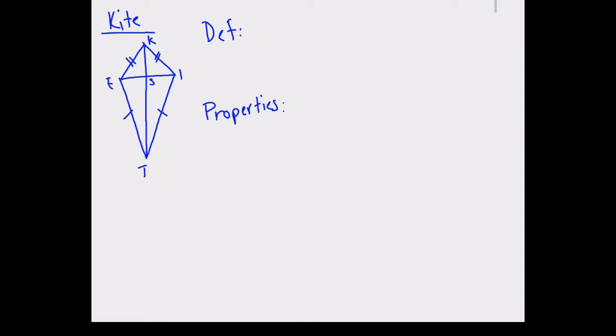If a quadrilateral has... wait, hold on. If a quadrilateral is a kite, comma, then it has two pairs of congruent sides.